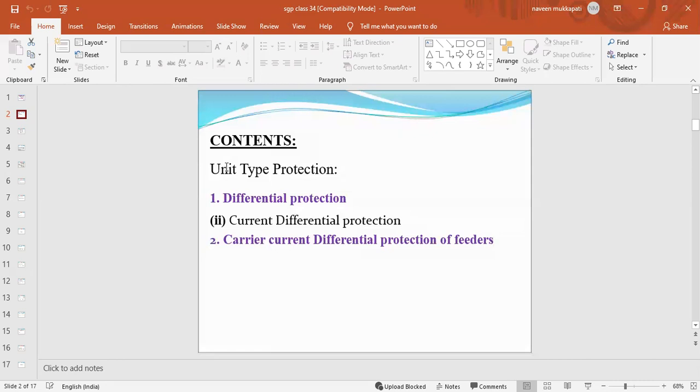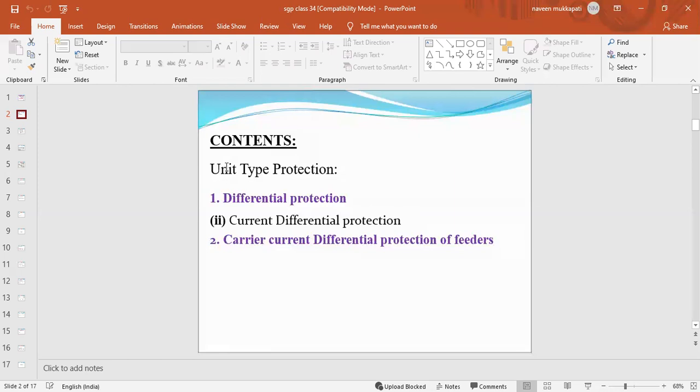Okay, first of all, why are we giving separate protection for the feeder, and what is meant by the feeder? Feeder means a long length of cable or conductor used for transmitting power from the generating station to the substation. Why?